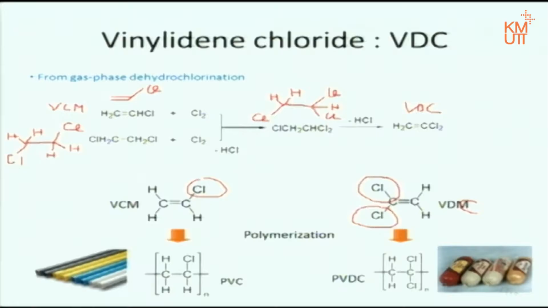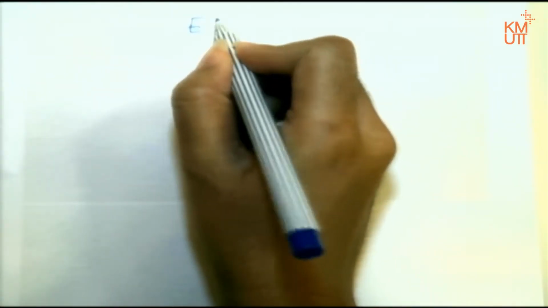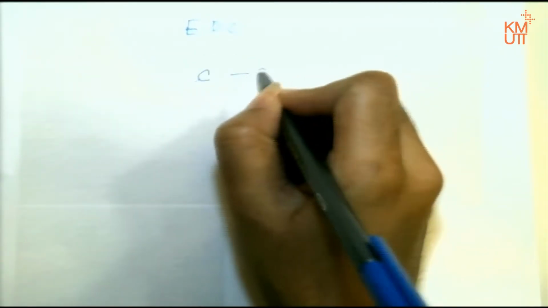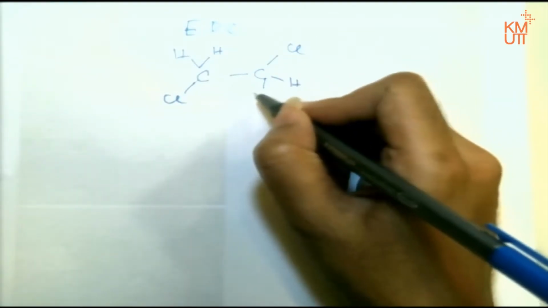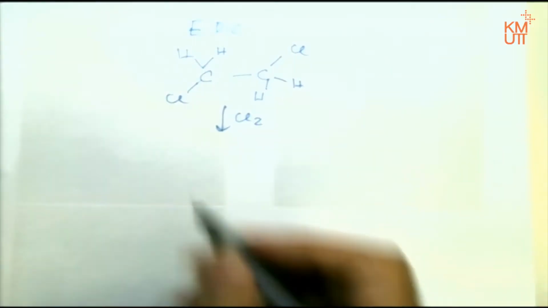Okay, so we focus on the second chlorination from EDC. So you have EDC, and this is the structure of EDC, 2 carbons, and you just chlorinate and heat.